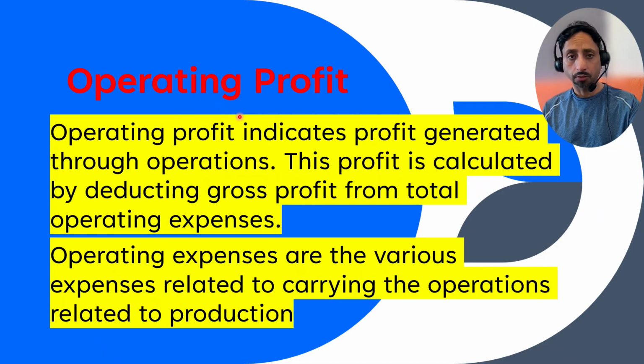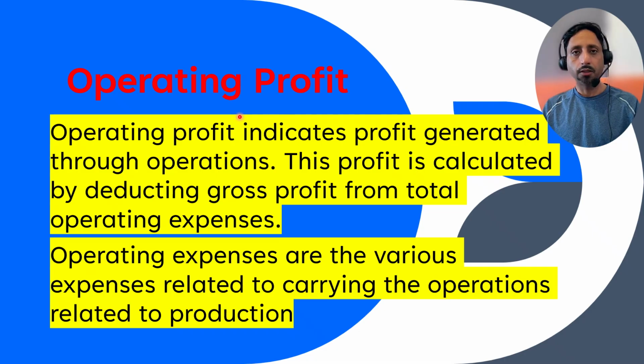So after the gross profit, the next profit is operating profit. And you know that when we have all the operating expenses, we add them up and then we deduct from the gross profit. So gross profit was indicating us the comparison between the revenue and cost of production.